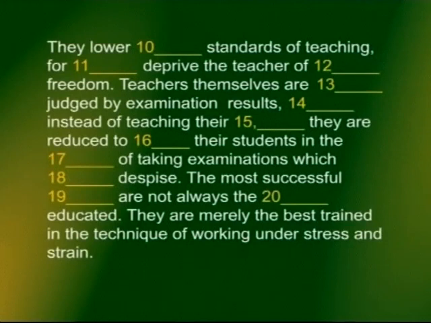It's not students, it's more teachers. So you can use the word which they despise, or you can fill the gap with the word teachers despise. They would be correct, teachers would be correct. And the next sentence, the most successful are not always the educated.